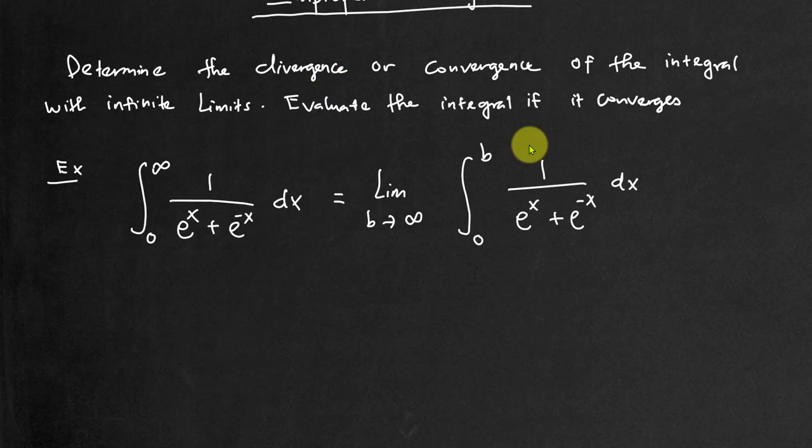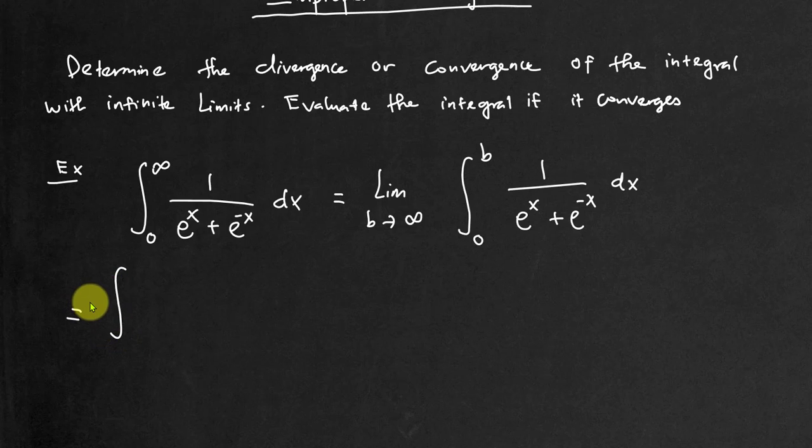And how do we find the integral of 1 over e to the x plus e to the minus x? Well, we don't see any of the basic formulas that will fit this type of integral. But we can do some tricks here before we apply a formula that we know. Let's try multiplying both the top and the bottom by e to the x.